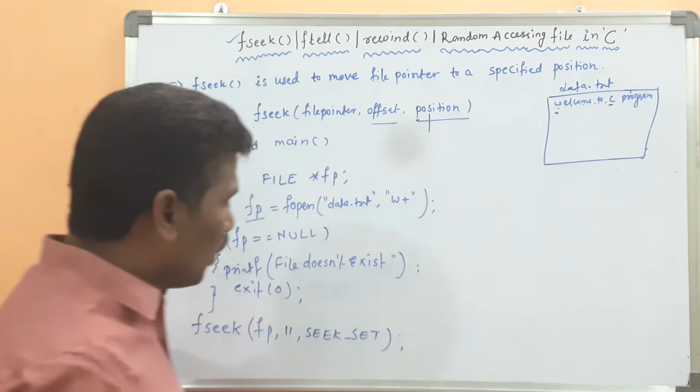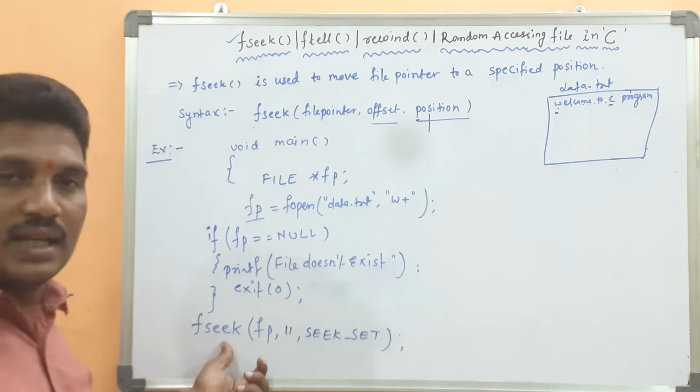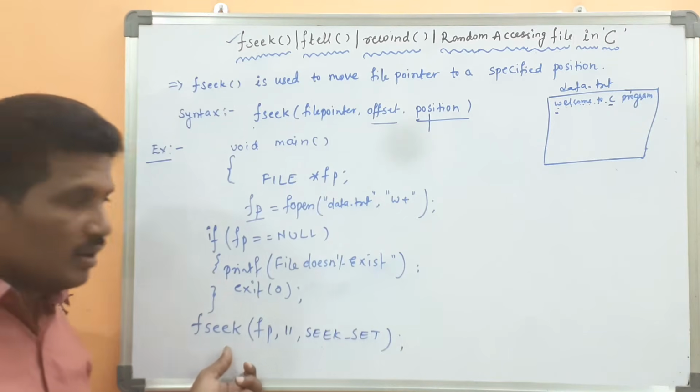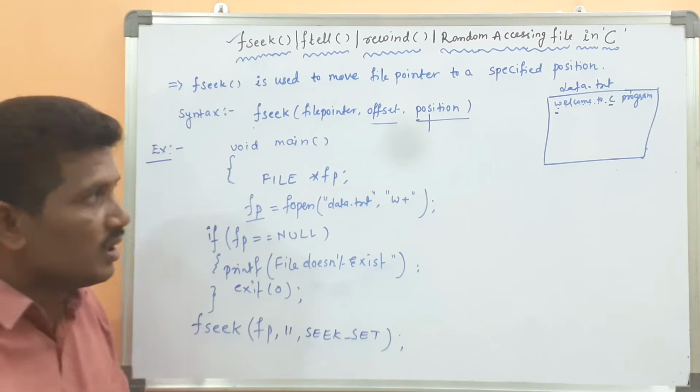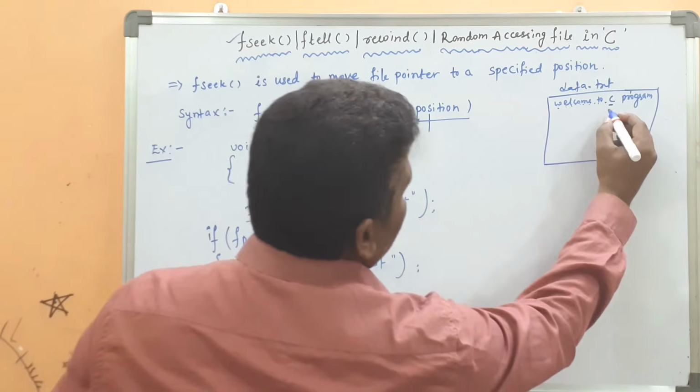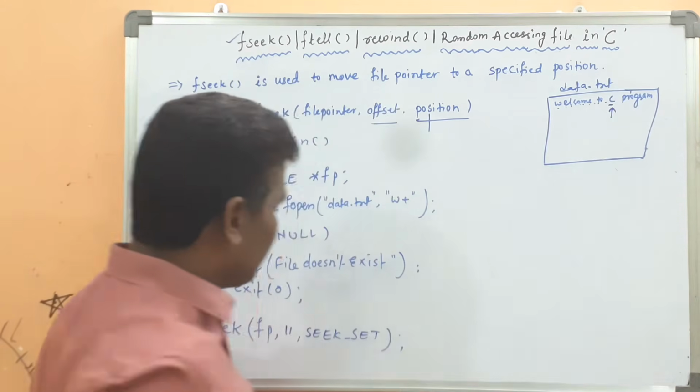Now by using this fseek function we set the file pointer position. Now the cursor will be at the 11th byte.